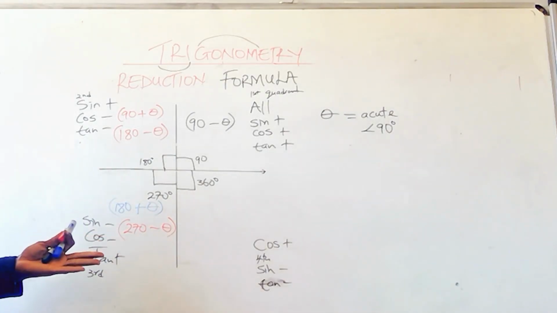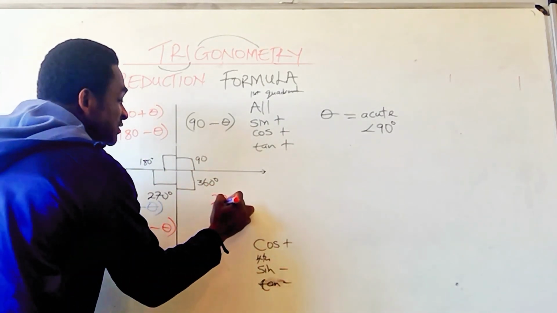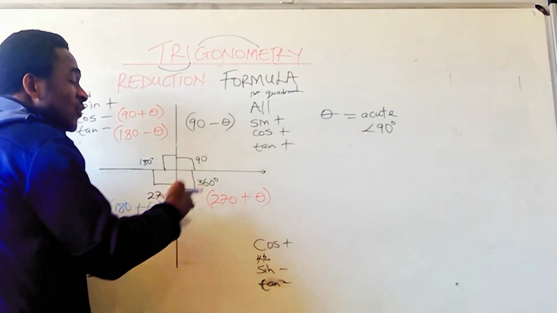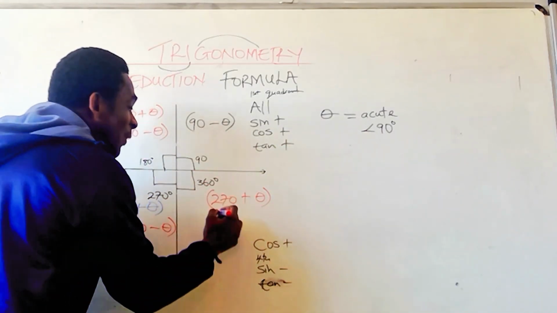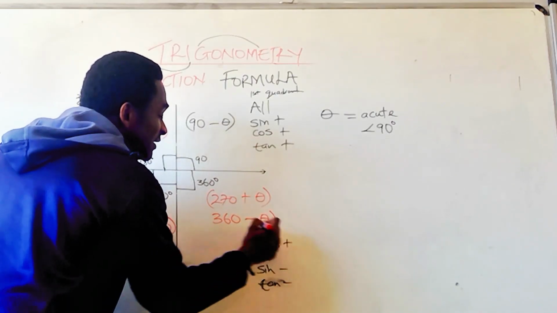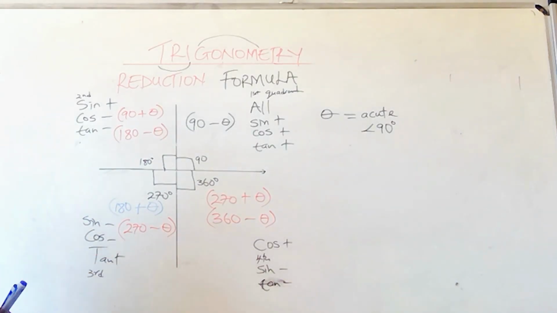So if any angle falls in the fourth quadrant, it can be 270 plus theta, greater than 270 goes into the next quadrant, or 360 minus theta. So these are what we use to figure out the angles depending on which quadrants they fall in.